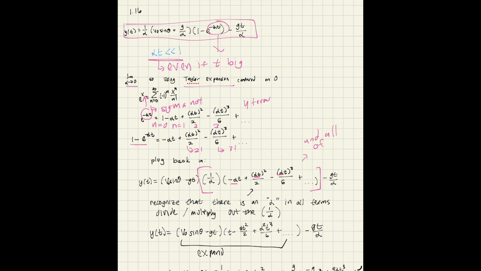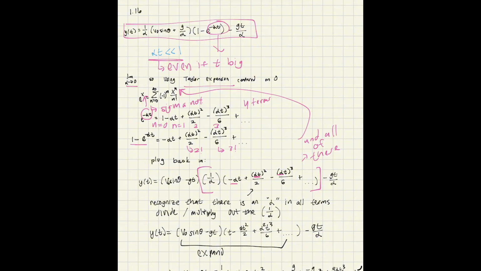Then we get y of t equals v naught sine theta minus gt times t minus alpha t squared over 2 plus alpha squared t cubed over 6, and then it just keeps going. So basically all that's happening is that instead of having alpha to the n, t to the n, we have alpha to the n minus 1 times t to the n.